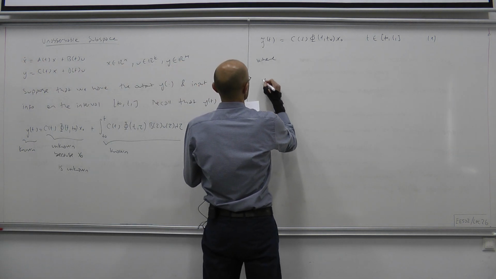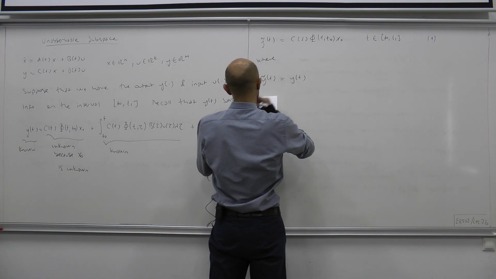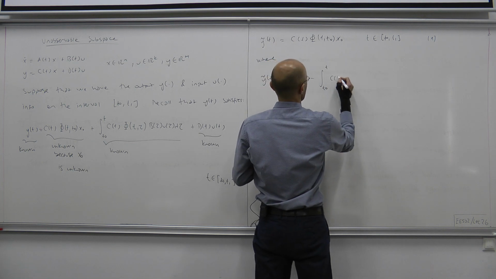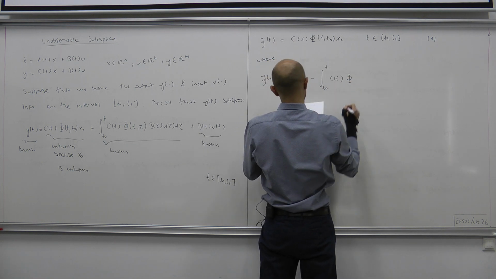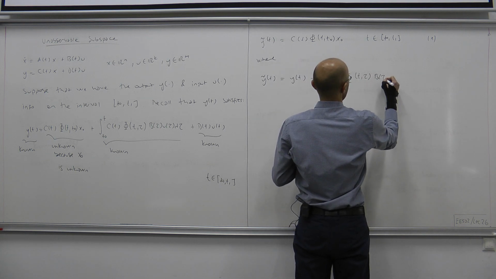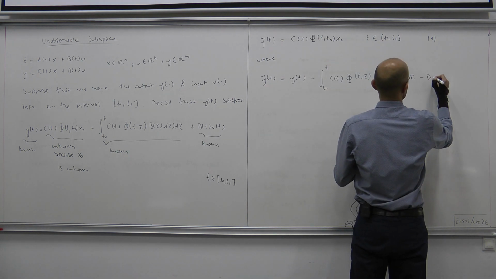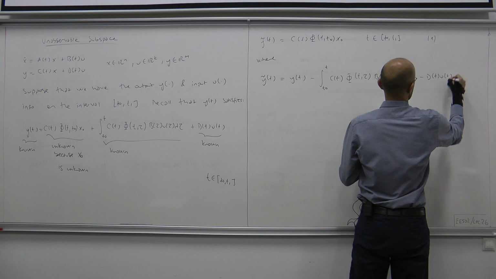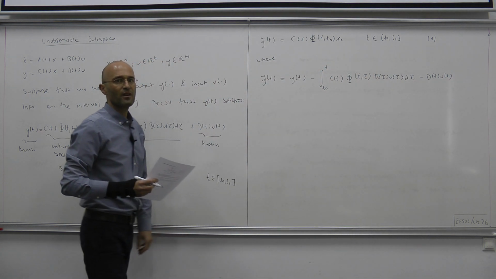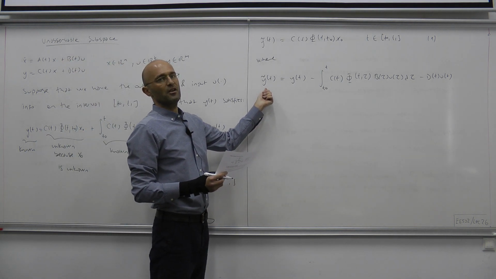To be precise, y tilde of t is y of t minus the integral from t0 to t of C of t, phi of t, tau, B of tau, u of tau, d tau, and the Du term, D of t u of t. Because all these three pieces are known individually, y tilde of t is also known.